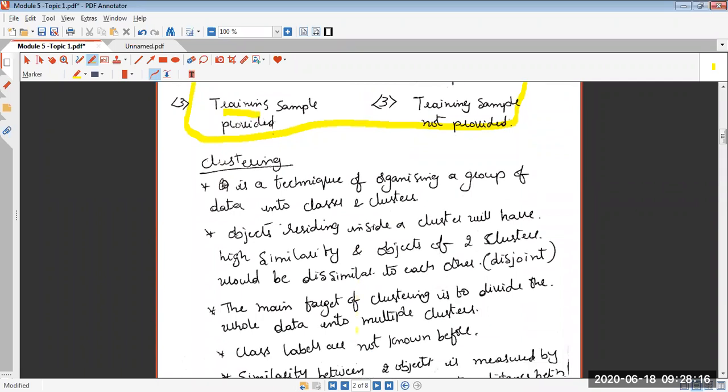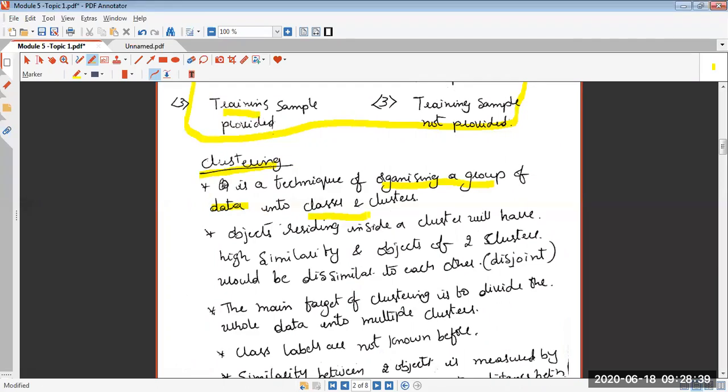So now we will come to the formal definition of clustering. Until now we had not touched on this. So what is clustering? It's a technique of organizing or grouping data into classes. That's it. Same definition as that of classification. If you remember, what is classification?